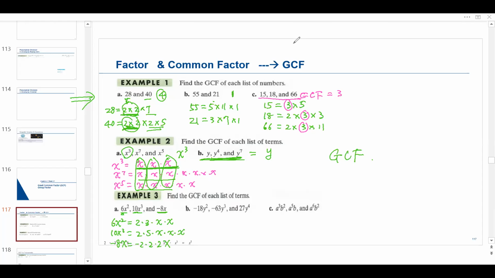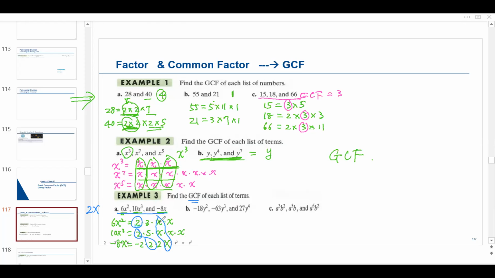So what's the common part? The common part is 2, right? We find this 2 first, and the second one is x. 2 is their common part, x is their common part. Other than that, there is no common part. So the greatest common factor for these 3 terms is 2x. The 2 comes from here, the x comes from here, right?